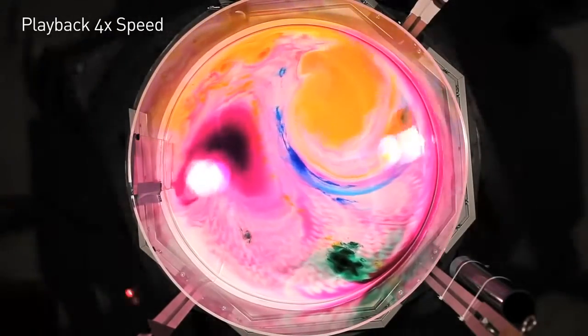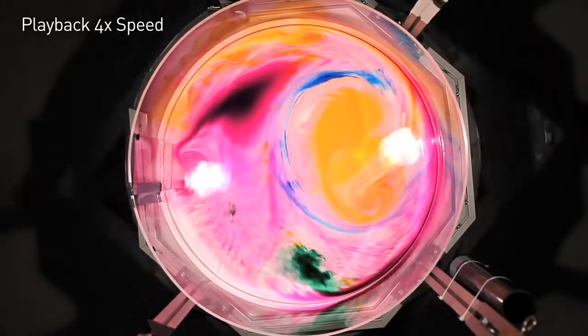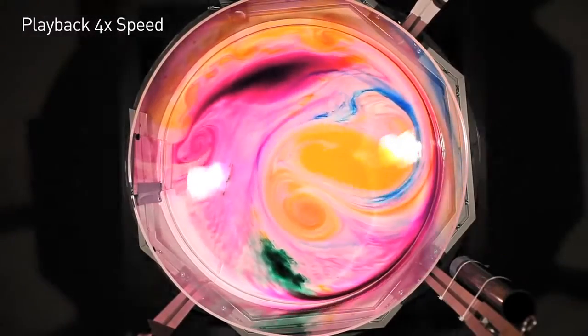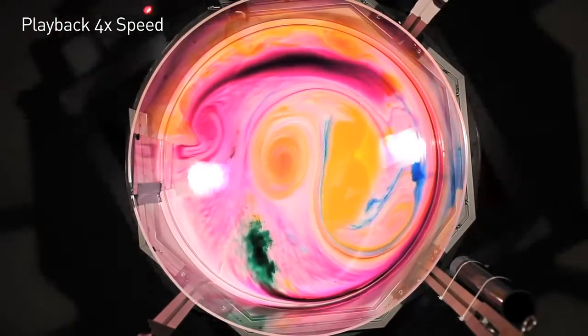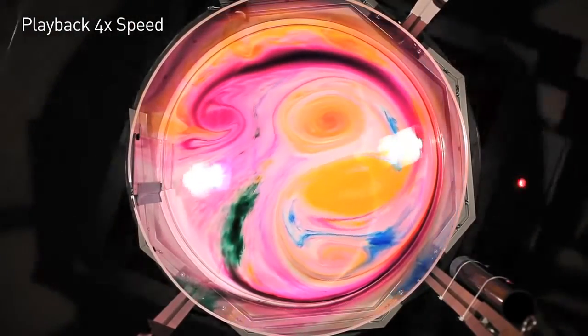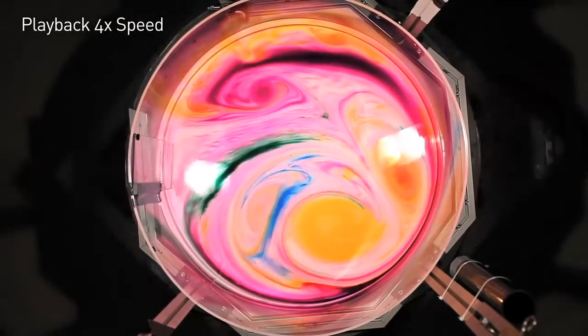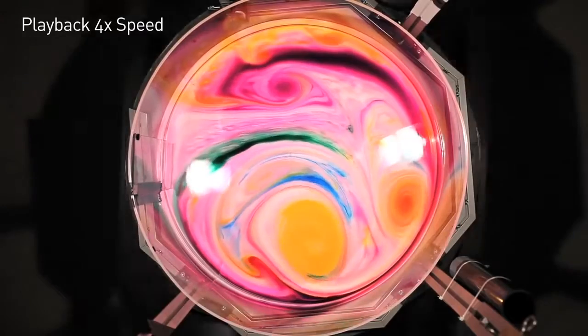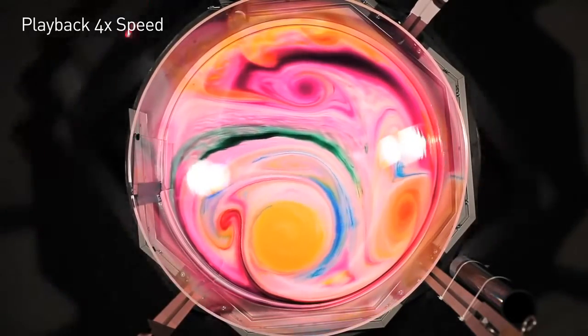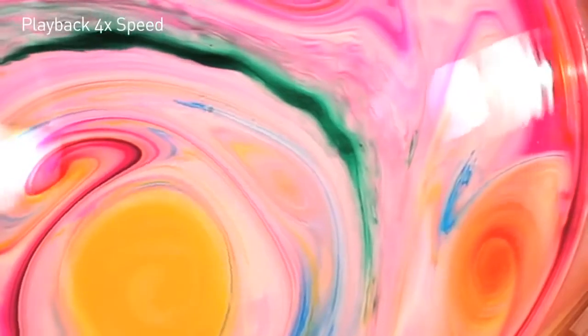In the non-rotating experiment, the strongly 3D turbulent vortex quickly mixed all the colors together into one patch. In contrast here, you see numerous coherent vortices and very long filamentary structures. The colors are pulled out, but they're almost never mixed together.